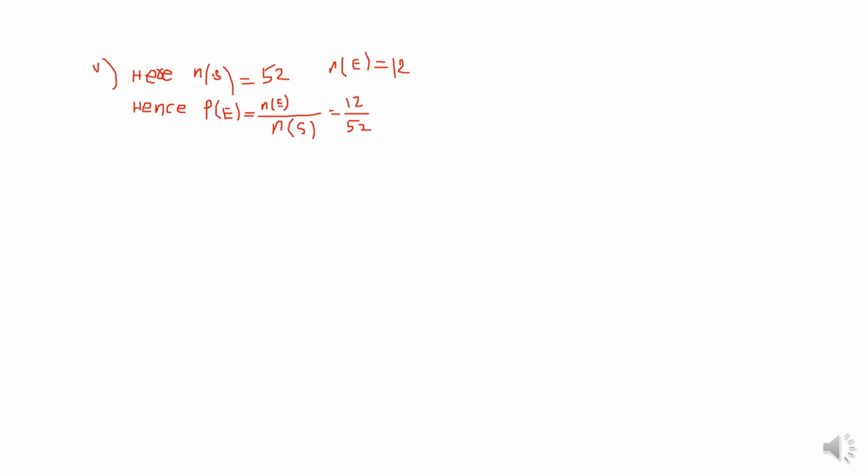And the sixth part of this example is the ace card. We will represent it with F. So F represents the event that the card drawn is an ace. There are 4 cards of ace, so the number of outcomes favorable to the event F is 4. We can easily solve it.